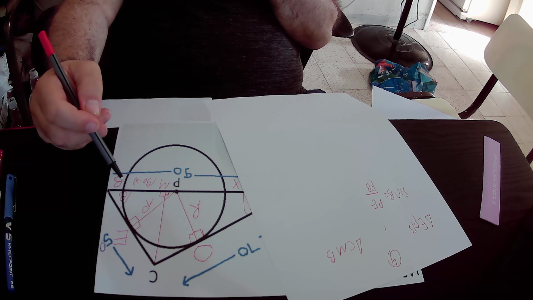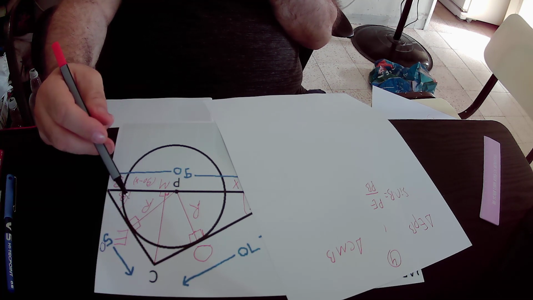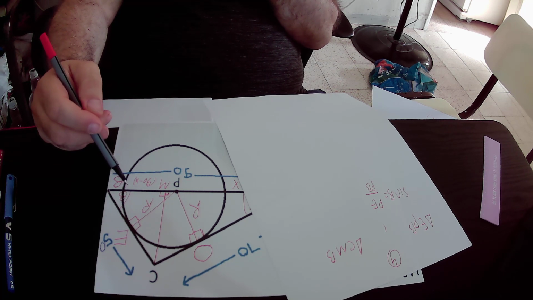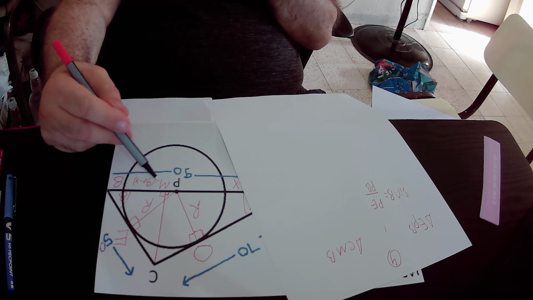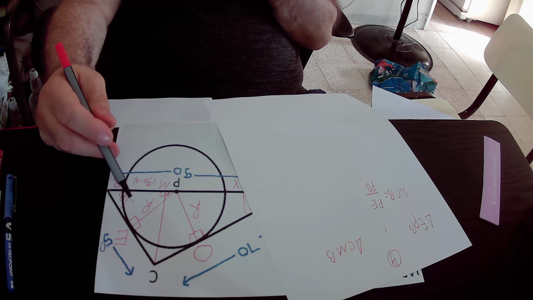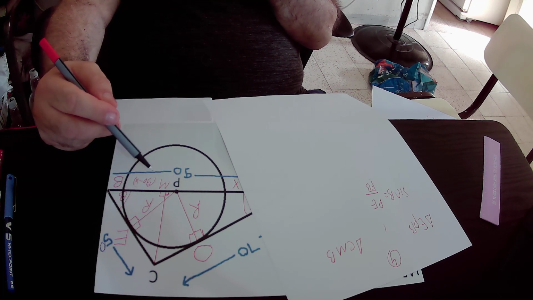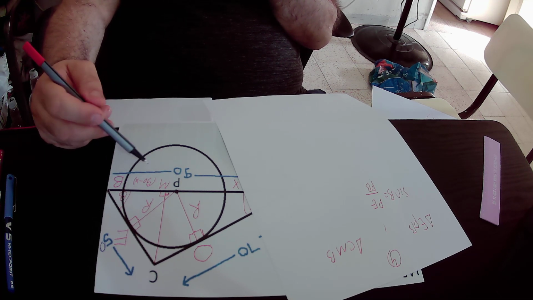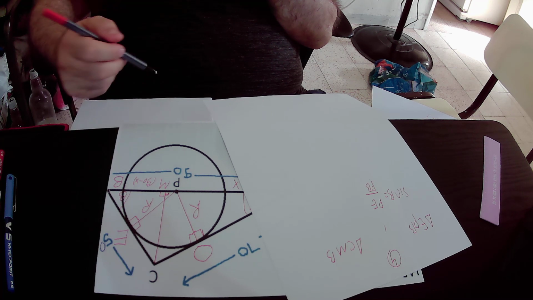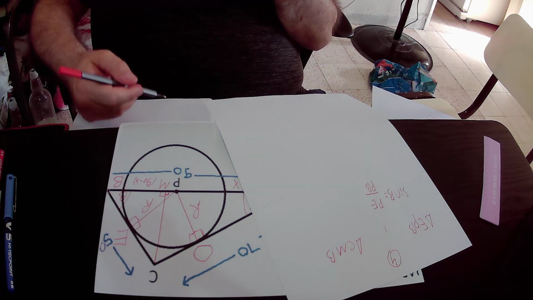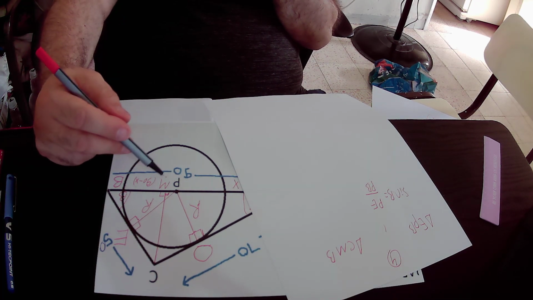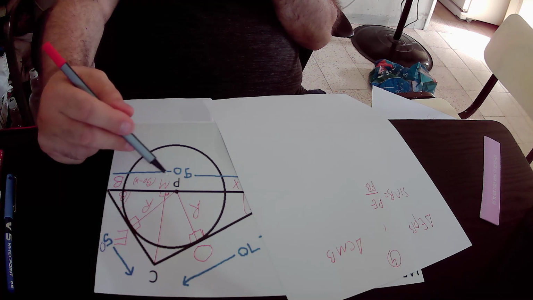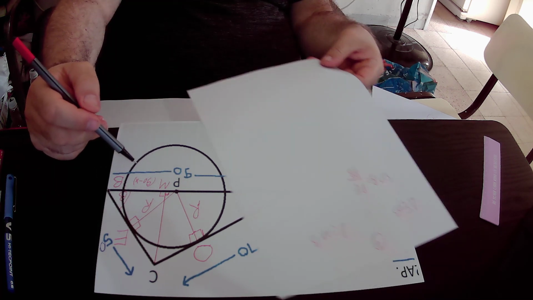So PE and EB are the perpendiculars of the right triangle PEB, and the hypotenuse is side PB. So sine beta in triangle PEB equals PE over PB.